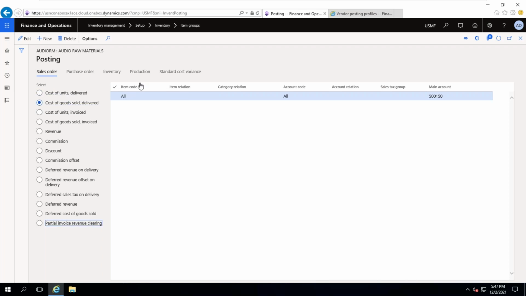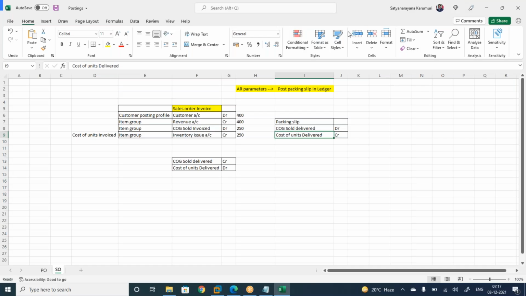These are temporary postings. If you enable the accounts receivable parameter, post packing slip in ledger, then these temporary postings will be posted. Once again, this is only material cost. It will not consider charges or taxes. At the time of invoice only, charges and taxes will be applicable. So during the packing slip it is only material cost, not landed cost.